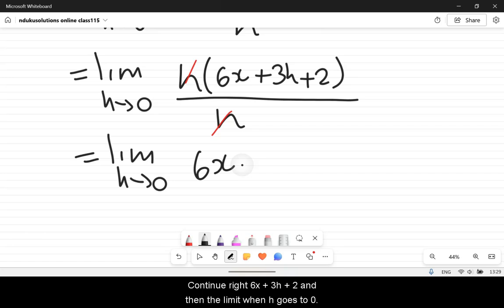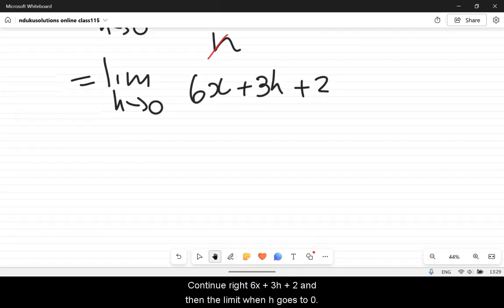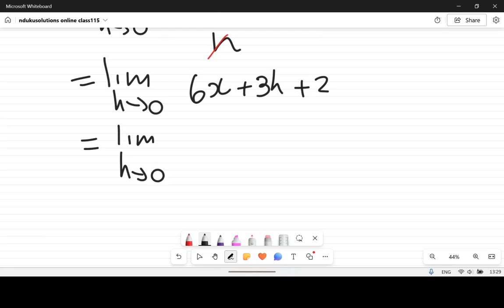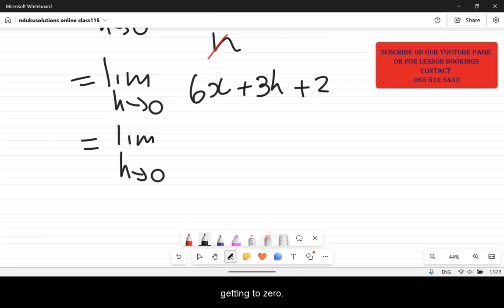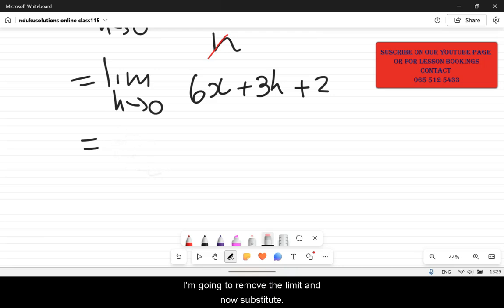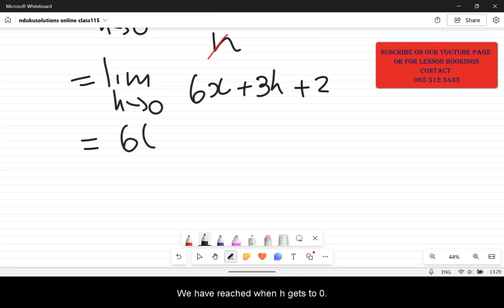I'll now have 6x plus 3h plus 2, and then the limit when h goes to 0. Now I need to substitute. I don't need the limit anymore, so I'm going to remove the limit and substitute, because h is getting to 0.